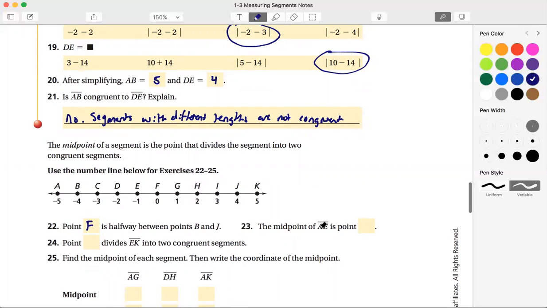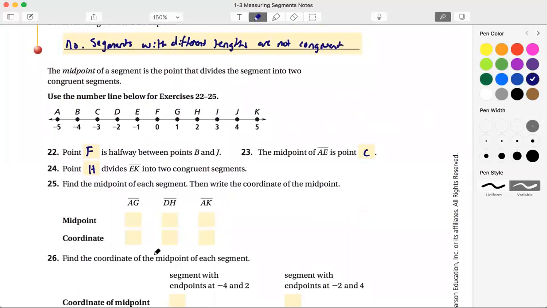All right, 23, the midpoint of AE. So A is at -5, E is at -1. Halfway between them would be C. Which point divides EK? So E and K at -1 and 5, halfway between it is going to be H. All right, so find the midpoint of each segment, then write the coordinate of the midpoint.